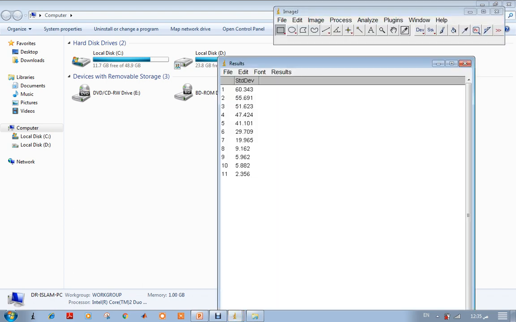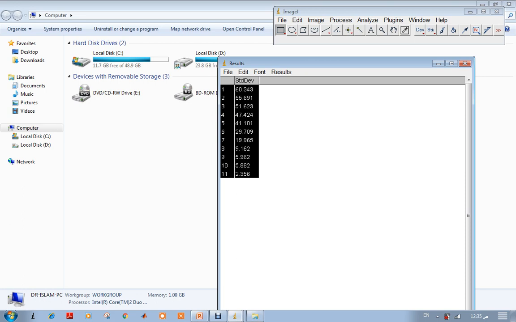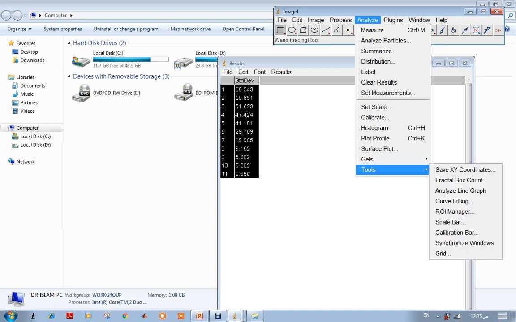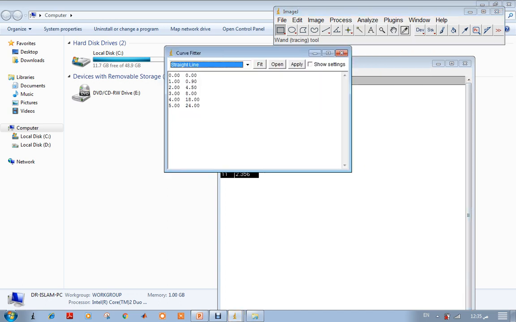This is your result. Okay, copy, analyze, tools, curve fitting, control V. Okay, and change this value.